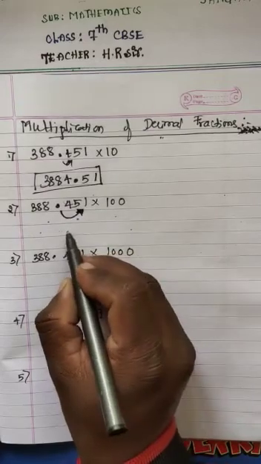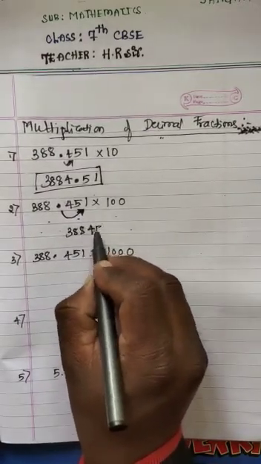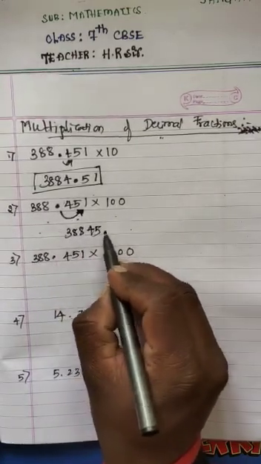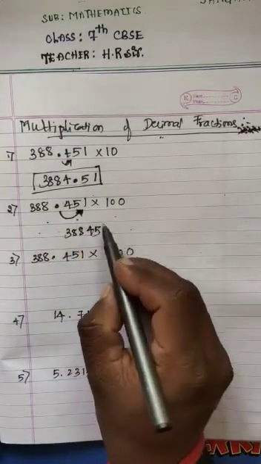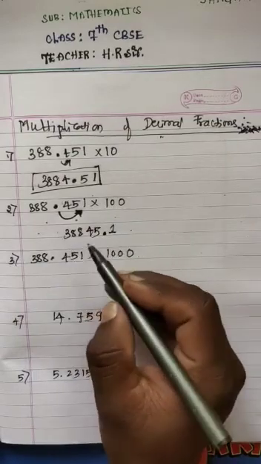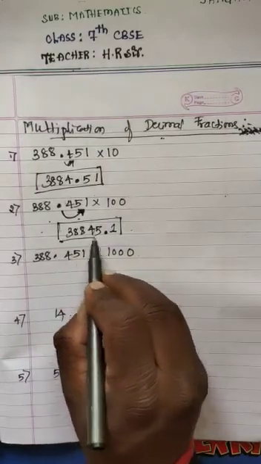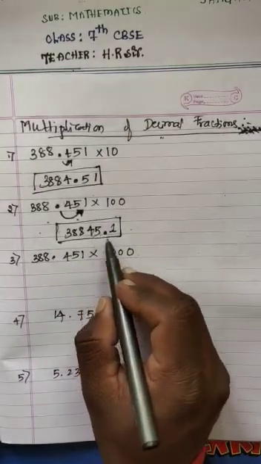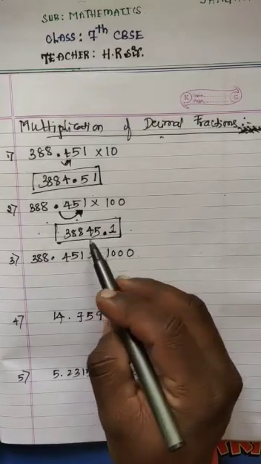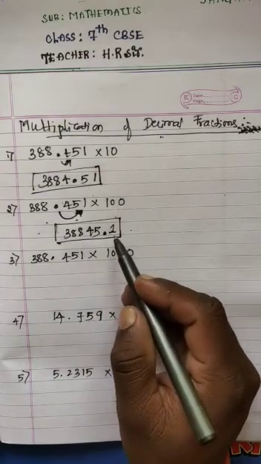So it can be written as 388 after the decimal, the point shifts past 4, and then past 5, and after that we have 1. So it can be read as 38,845.1. Here the integer part is 38,845 and the decimal part is 1.